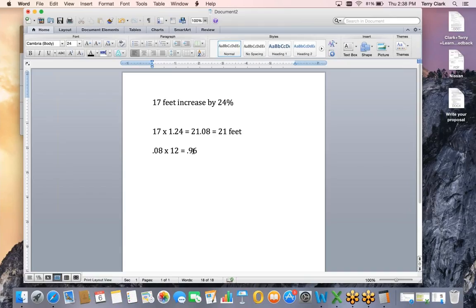Now 0.96 is close to 1 inch, so that's going to be 1 inch. So our final answer is going to be 21 feet and 1 inch. Congratulations to everyone that came up with 21 feet and 1 inch.